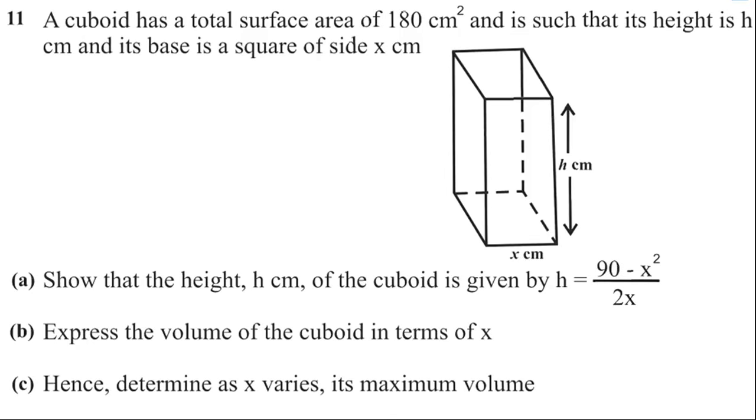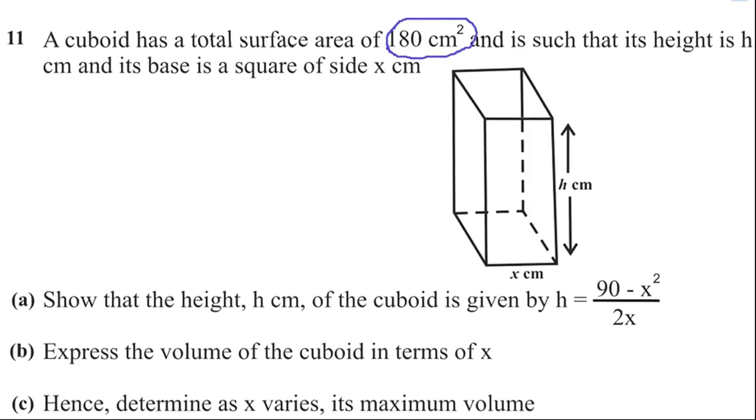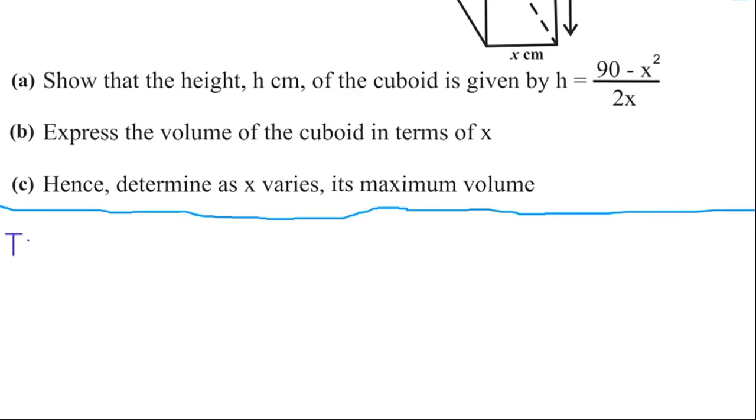Now, you have to know the formula of the total surface area of the cuboid. So let's get into the solving. We're given 180 square centimeters.